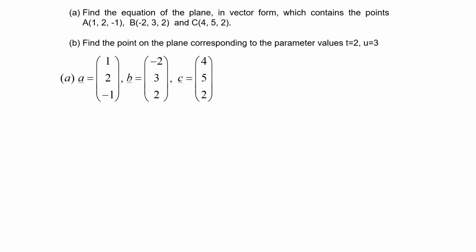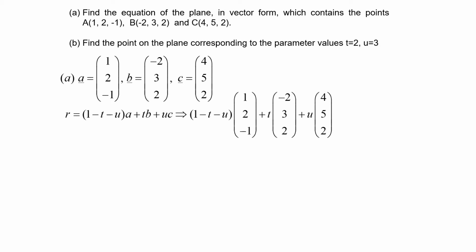Okay, so now we will see how to determine a vector equation of a plane and how we find the corresponding point given the values of T and U for a particular equation of a plane. For example, you are given points A, B, C. They are points, so you have to convert them to vectors in order to find the vector equation of a plane.